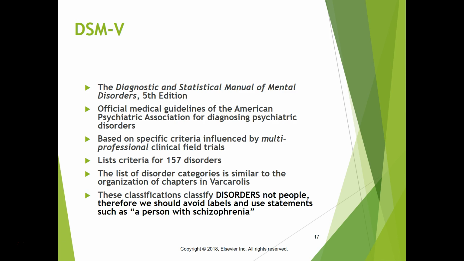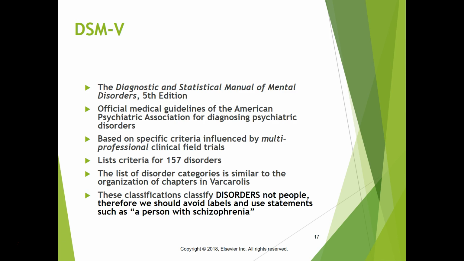So again, we have to take things a little bit with a grain of salt, because right now we're using the DSM-5, and that is the official medical guideline for the medical diagnoses of mental illness, of psychiatric disorders, different from nursing diagnosis. So this is the medical diagnosis. We as nurses do not use the DSM-5 to diagnose people.